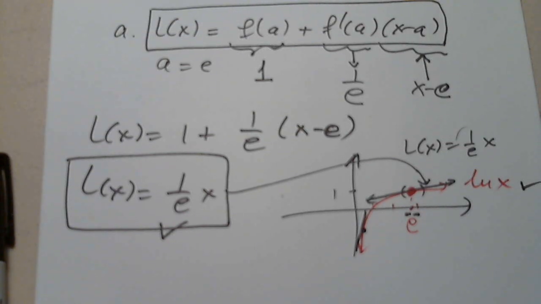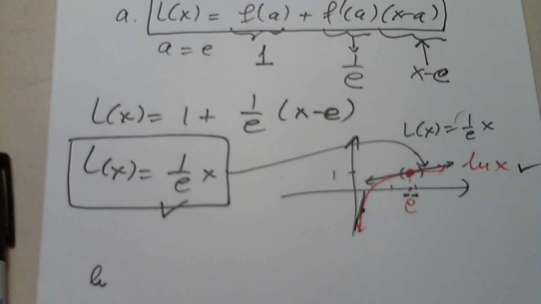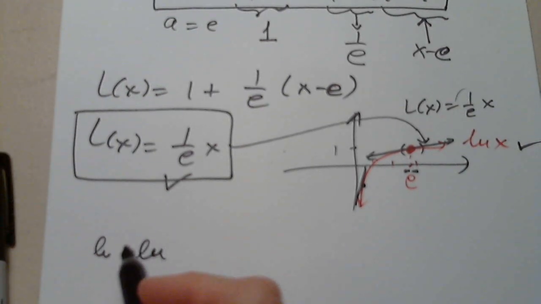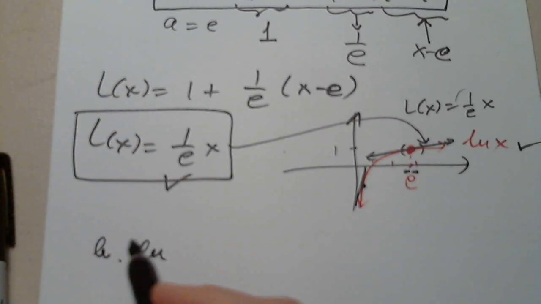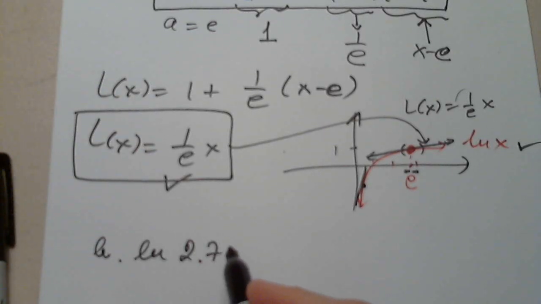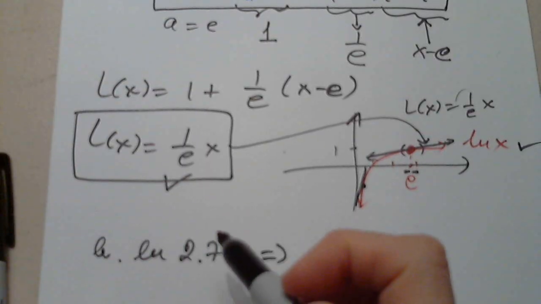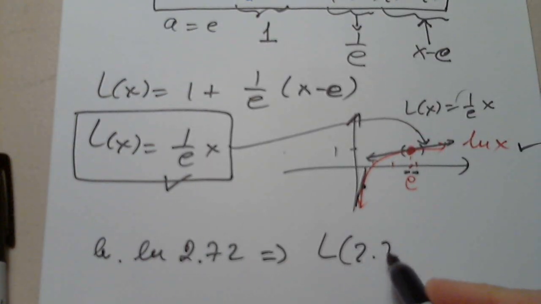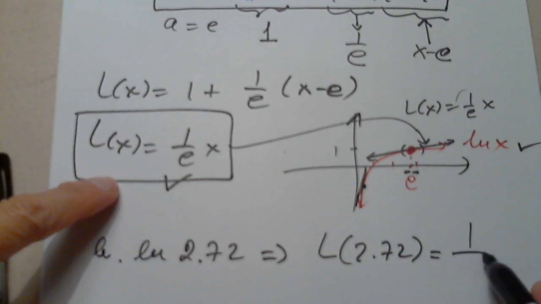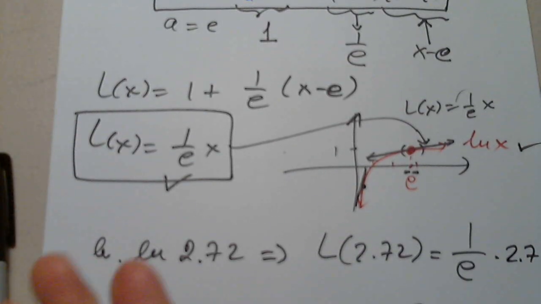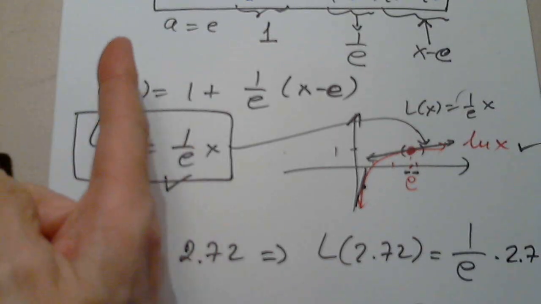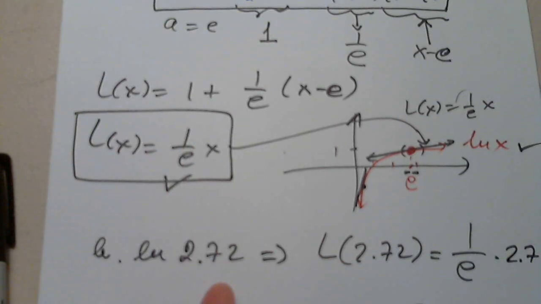So I'm using the linearization to determine natural log, so this is part B, natural log of 2.72. So L of 2.72 is 1 over e times 2.72. It says use the linearization from part A to approximate this.